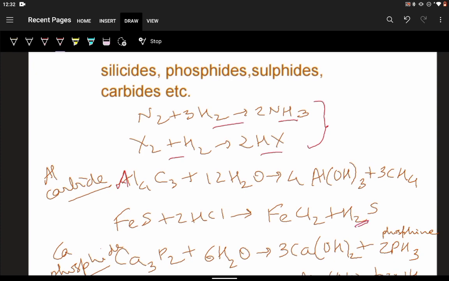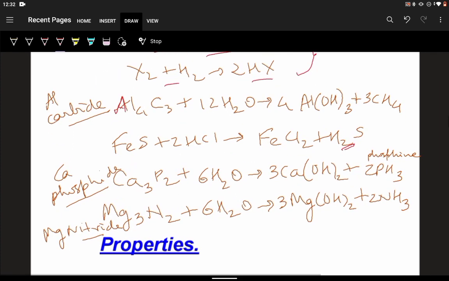If you take calcium phosphide Ca3P2 with water, it forms calcium hydroxide along with the formation of phosphine PH3. If we take magnesium nitride with water, it will form magnesium hydroxide and also ammonia. So we find that either there is a direct combination or hydrolysis of the compounds of the elements which are forming the hydrides.